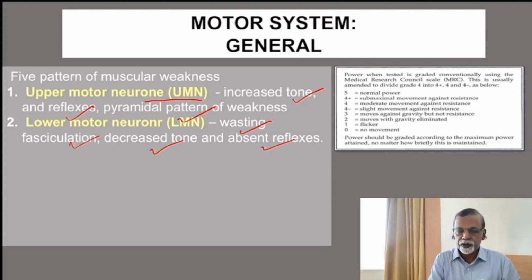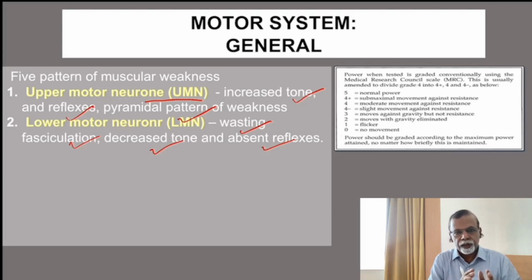What is a motor unit? A single alpha motor neuron, or its corresponding neuron in the cranial nerves, supplying the muscle fibers. A single alpha motor neuron with the muscle fibers supplied by it is the lower motor neuron. Anything which is controlling that is the UMN.